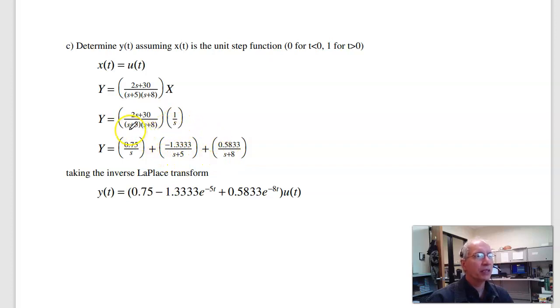Using the cover-up method, if I cover up the s, analyze at s equals 0, I get 0.75. If I cover up the s plus 5, analyze at s equals minus 5, I get minus 1.33, and 0.58 for the s plus 8 term. Taking the inverse Laplace transform, this is 0.75, minus 1.33 e to the minus 5t, plus 0.58 e to the minus 8t.